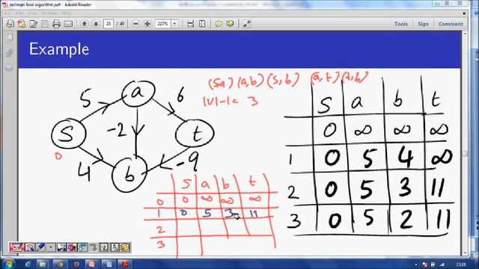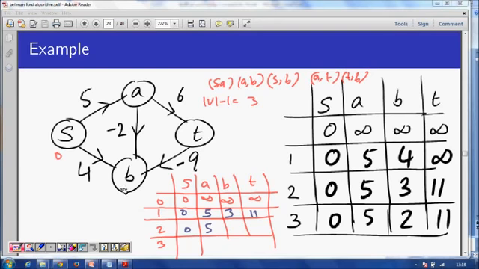Now in iteration 2, we again start with S to A. S is 0, A will be 5, so this is the same.